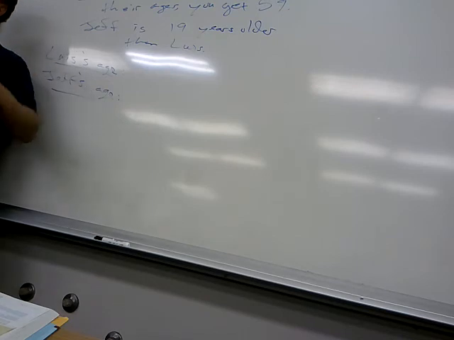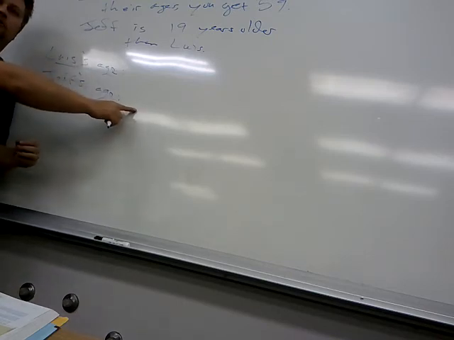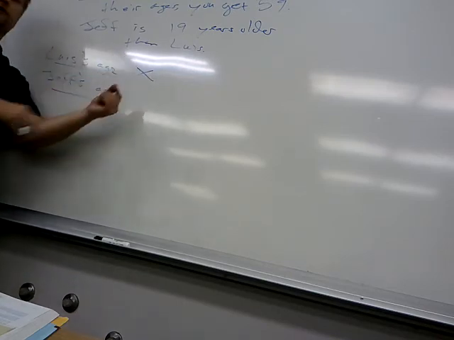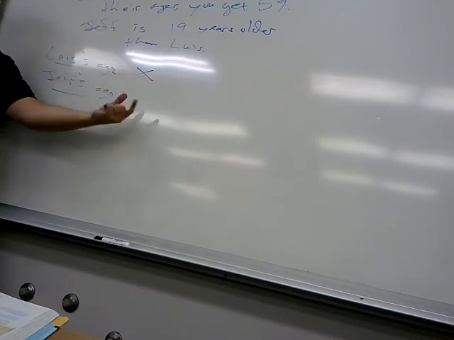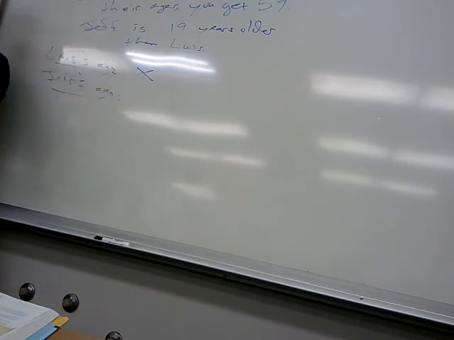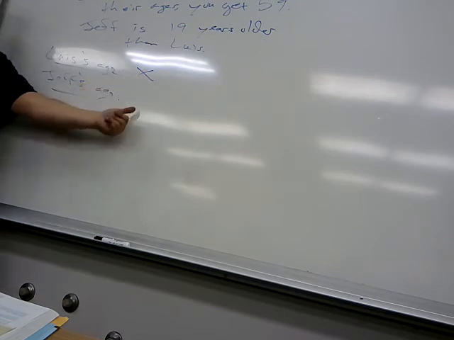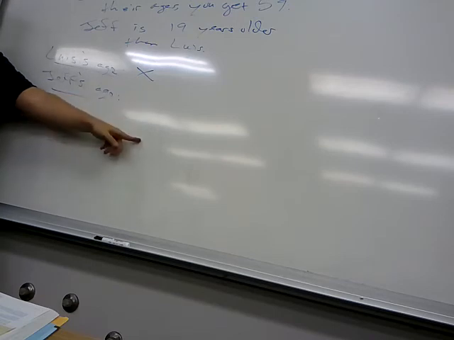Do I know how old he is? I do, but do you guys know? No. So what do you put down there when you don't know? X. Now, the reason we do that is because if I didn't give it a math name, I couldn't give this one a math name, and then I couldn't make an equation out of it. So this is what I mean by you're translating from English to math in this case.